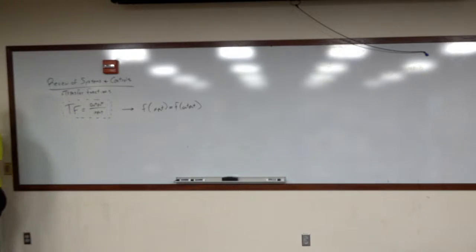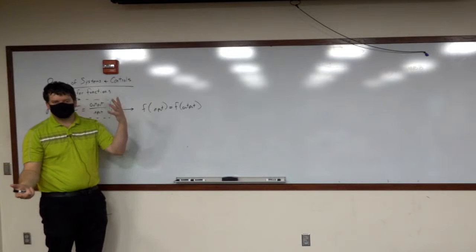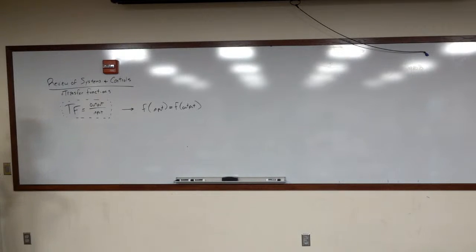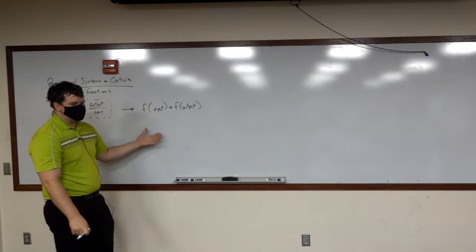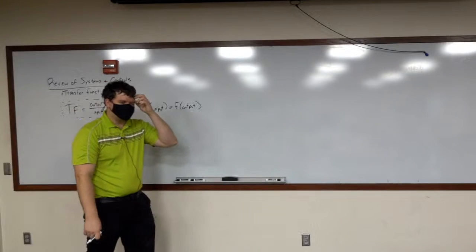While we may not necessarily be able to nicely get it in terms of output over input, we can use this concept to create a relationship between the output and the input. And this gives us the ability to really modify how things work. So in terms of systems and controls, this is one of the most critical pieces. Solving these functions relative to each other, you can do it with Python.